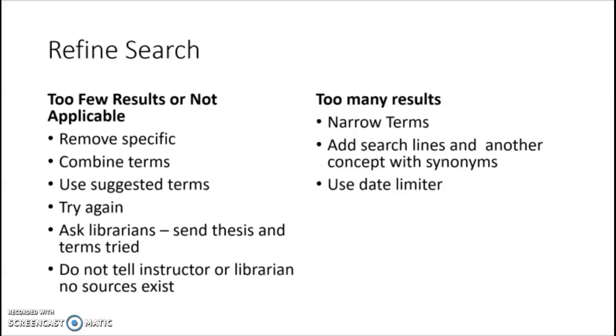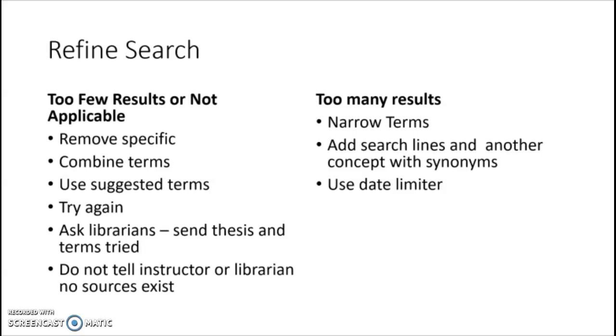So keep in mind that you don't want to tell the instructor or the librarian that no sources exist. The sources exist. You just need to use different search terms. You're using the wrong sorts of words, and you need synonyms or perhaps more scientific words or something like that.